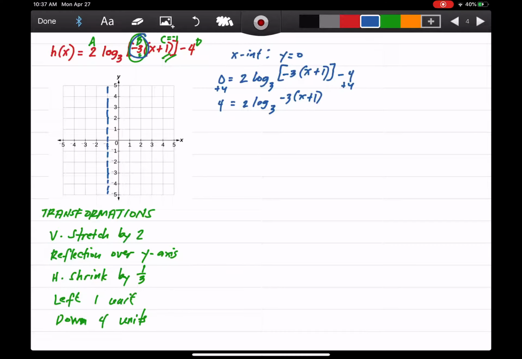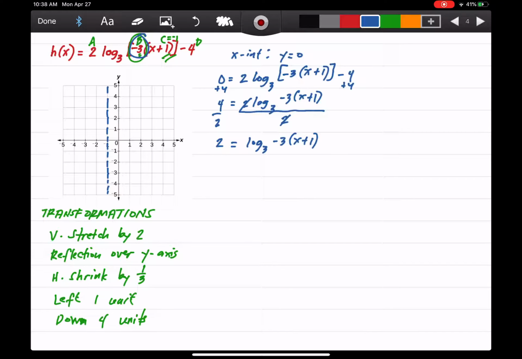Okay, and then we have to remove the 2 here, so we can divide by 2. So we can isolate the logarithm, okay? 2 over 2 is 1, so just cancel that out, and 4 over 2 is equal to 2. And it's equal to the logarithm of -3 times x plus 1 with base 3. All right?